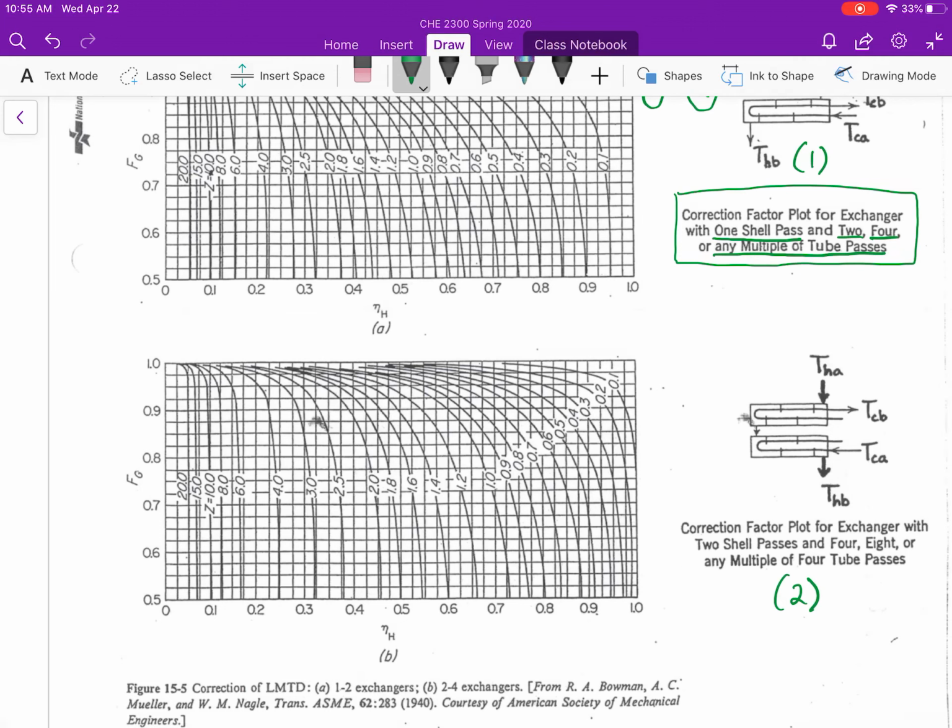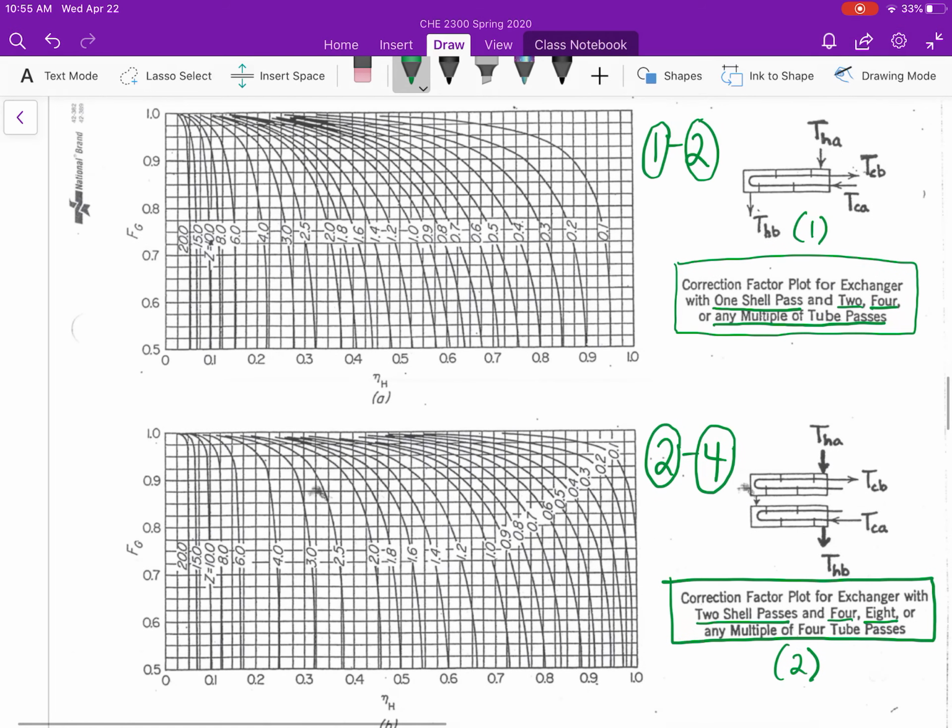On the bottom, we see here that this is the correction factor for 2 shell passes and 4, 8, or any multiple of 4 tube passes. And so this is oftentimes referred to as a 2-4 heat exchanger. Again, 2 passes on the shell side and some multiple of 4 passes on the tube side.